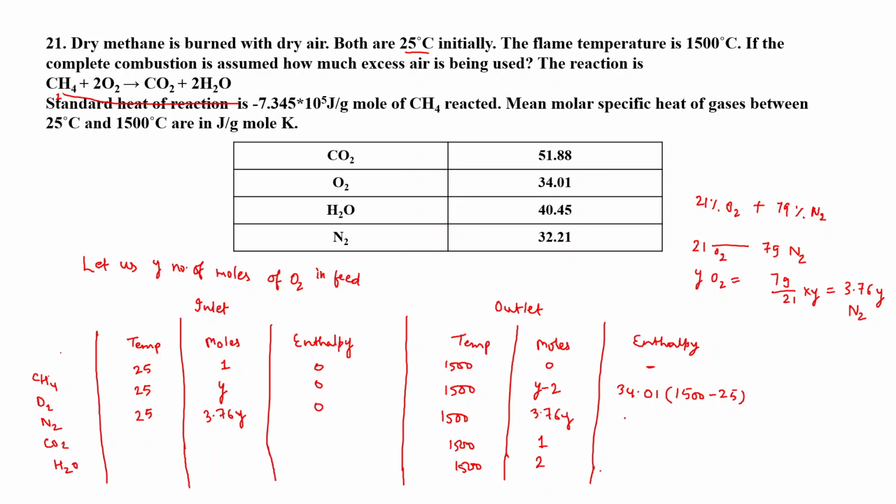For nitrogen, similarly. For carbon dioxide it is 51.88 into 1500 minus 25, and for steam it is 40.45 into 1500 minus 25.